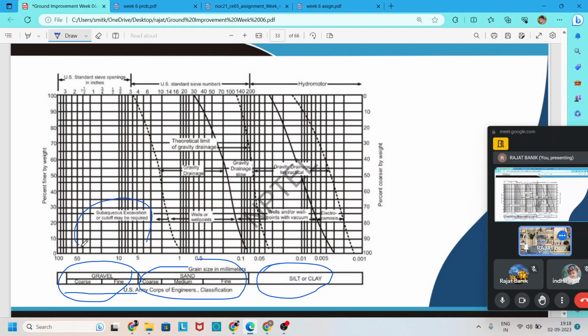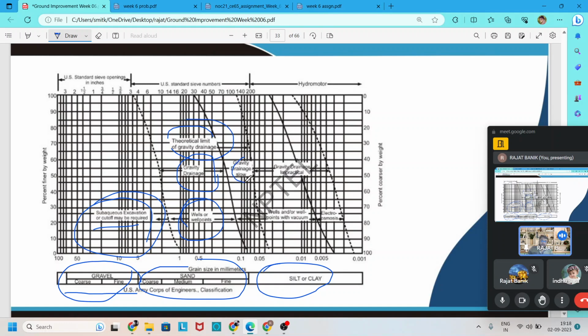For gravel, only a cut-off wall or barrier is used. For that reason, well points are used, and if the percentage of fines is more, gravity drainage is used, and beyond the theoretical limit, higher gravity drainage is used.